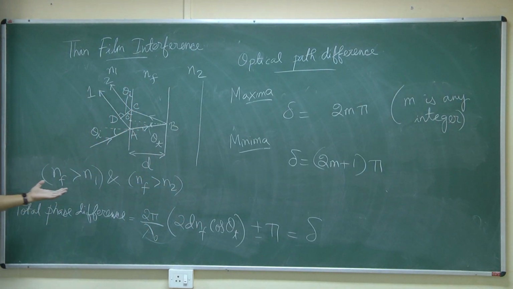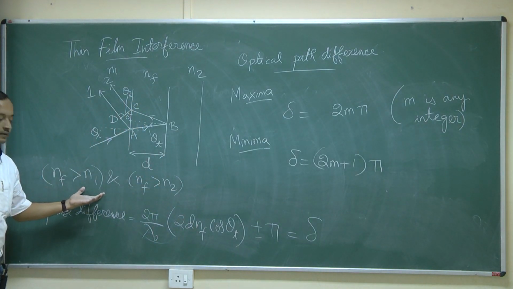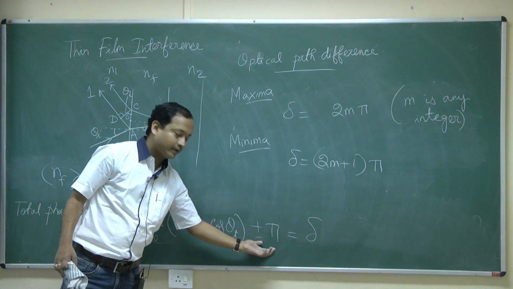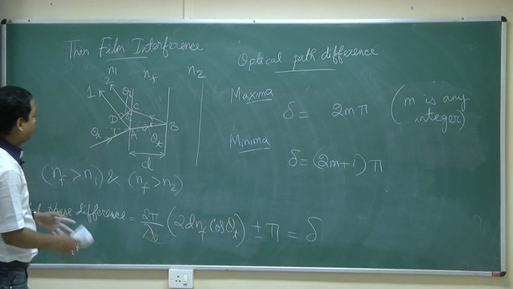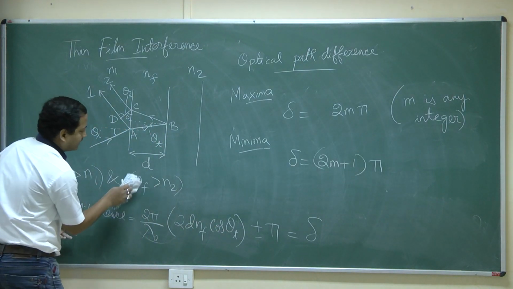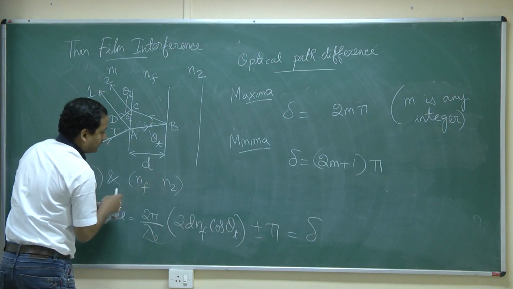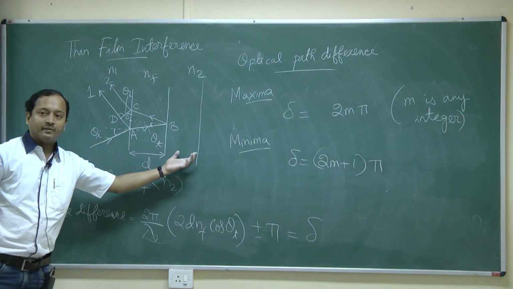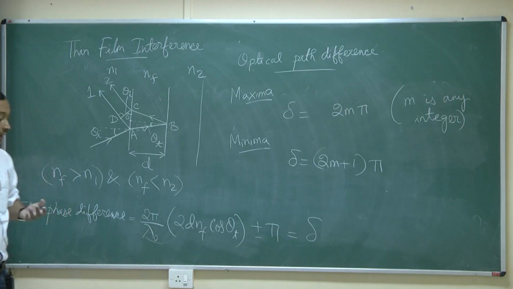Of course, a different situation can arise where you need not consider this external reflection phase difference. Suppose I slightly modify the condition and say n_f is smaller than n_2, a particular case where this medium is denser than the thin film medium.